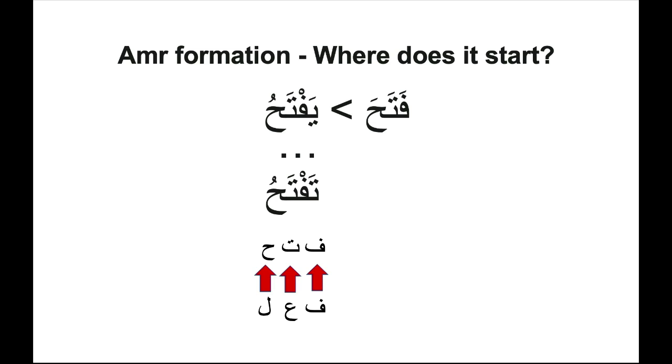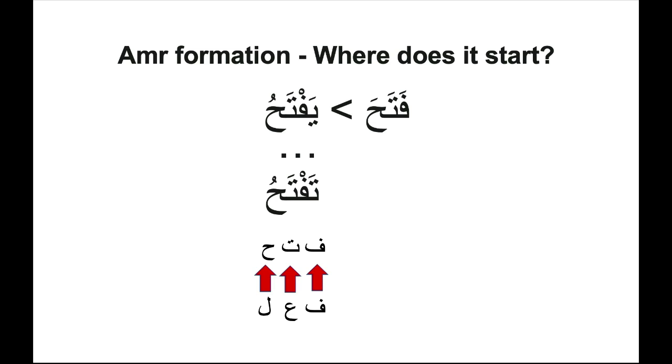So for example, let's say we have fataha. We need to identify the fa kalima, ain kalima, and lam kalima in every root verb. So in fataha, fa is fa kalima, ta is ain kalima, and ha is lam kalima.